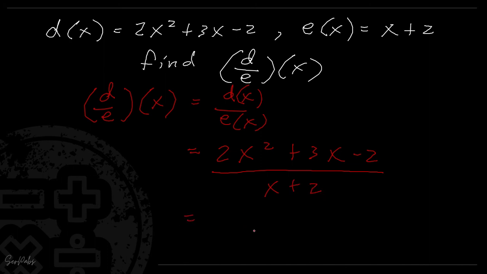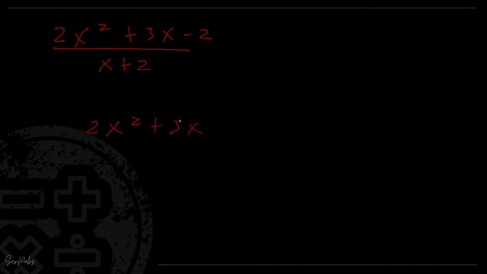Hindi magkakasya yung solution, so lipat tayo. So we have here 2x squared plus 3x minus 2 divided by x plus 2. So ilagay natin sa division symbol.